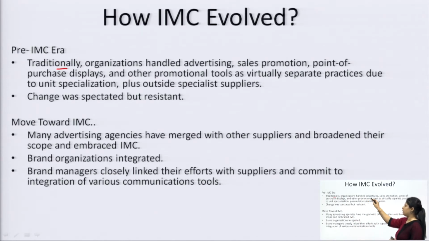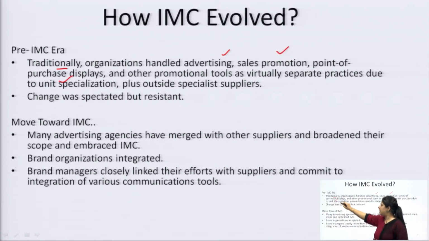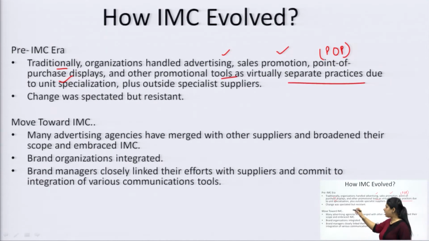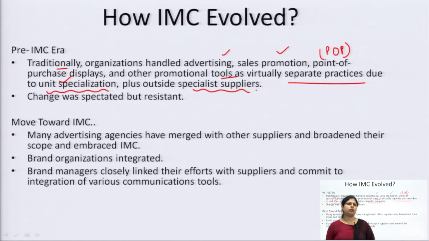Organizations handled advertising, sales promotion, point of purchase displays, also termed POPs, and other promotional tools as virtually separate practices. Why? Because of unit specialization plus outside specialized suppliers. There were specialists of each promotional tool, and companies used to go for advertising separately, sales promotion, personal selling, all separately.